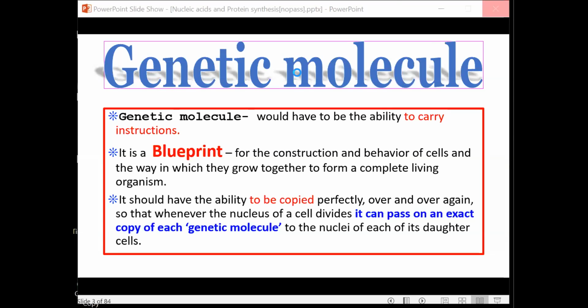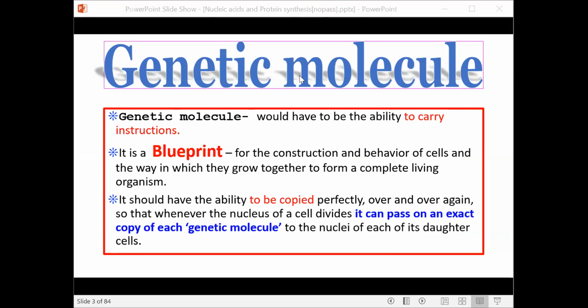Now, whenever we are making any kind of molecule, one of the abilities it should have is that it can be passed down from one organism to the next generation. Then it should be easy to make a copy. So this quality should be there whenever we are talking about any genetic material. Genes are basically characteristics, features, traits of an organism.